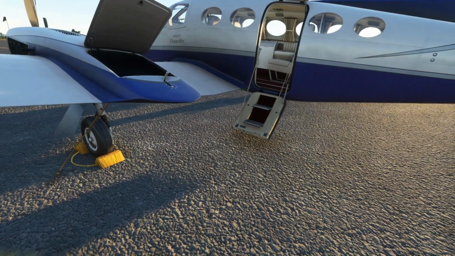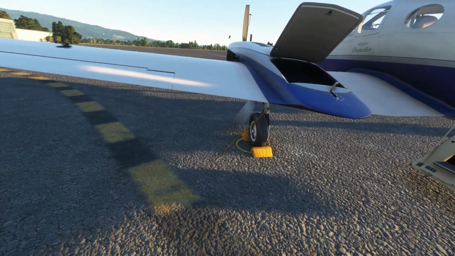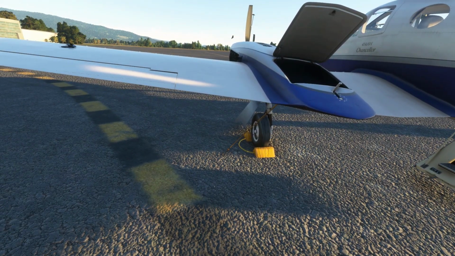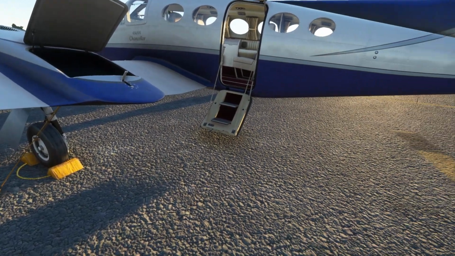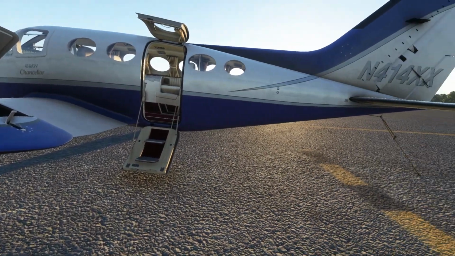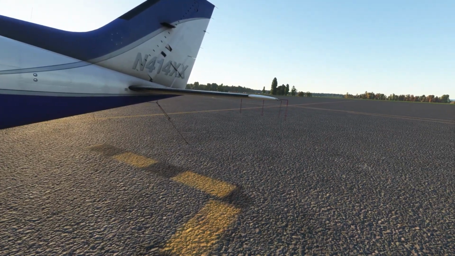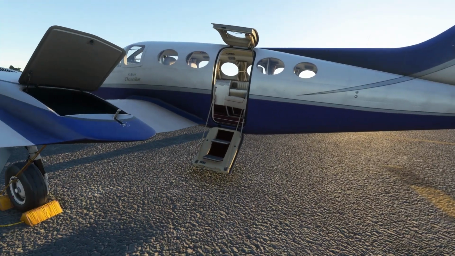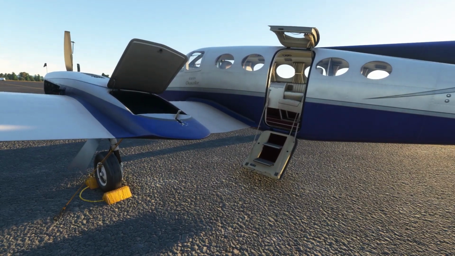Okay, I didn't look at the gear and the tires, they look okay, of course. And now we can head into the aircraft and get our passengers in and get it ready for takeoff.